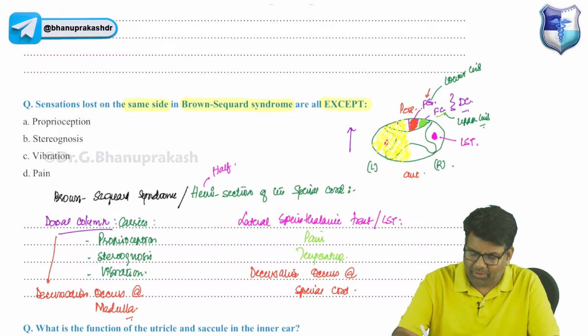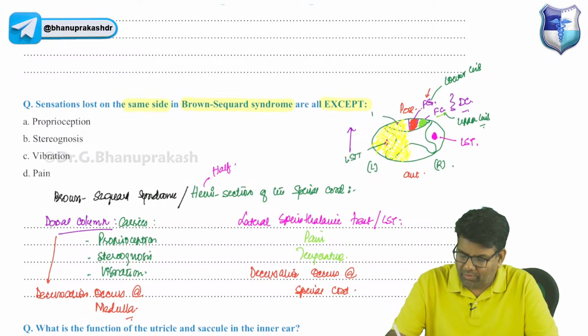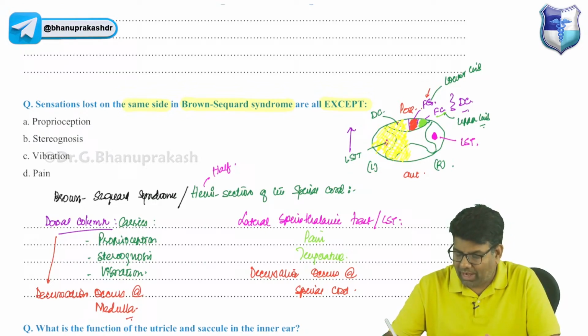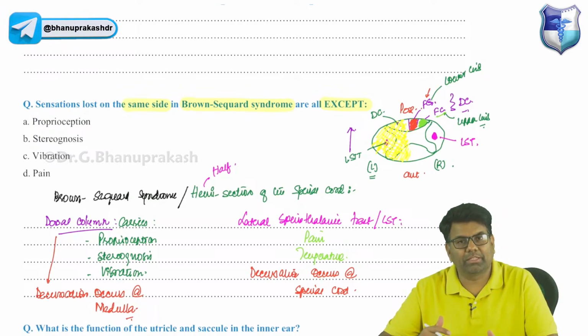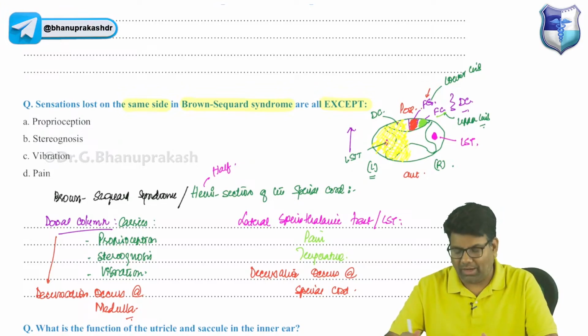So now what will happen? It will involve the lateral spinothalamic tract, and it will involve the dorsal column. The dorsal column modalities affected on the left side are the ones taking impulses from the left side only, right?